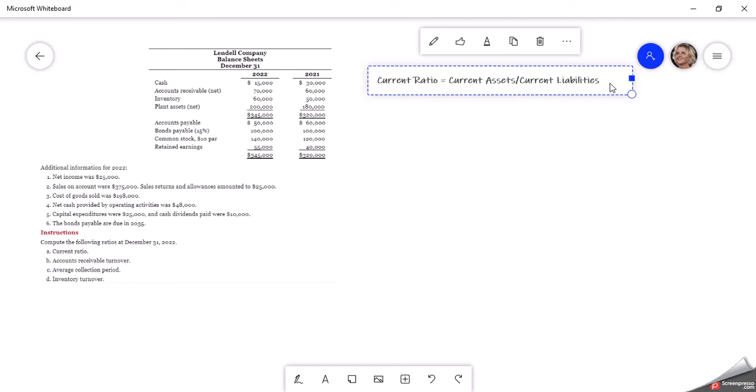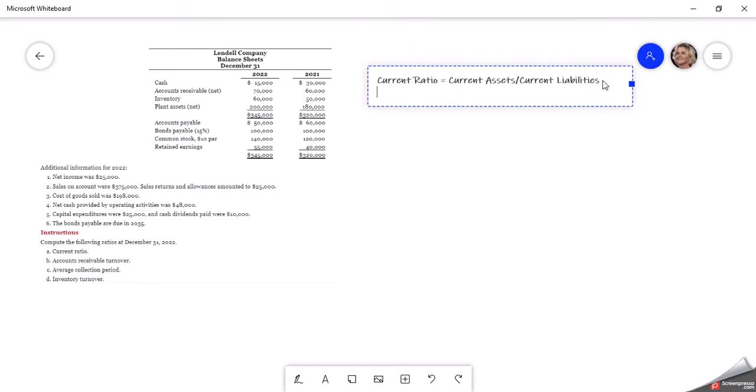Okay, so that's our formula. So then now again, we're trying to solve for that. So our current assets are, this is not a classified balance sheet, so it's not breaking it out per category like that. So we have to do a little bit of work.